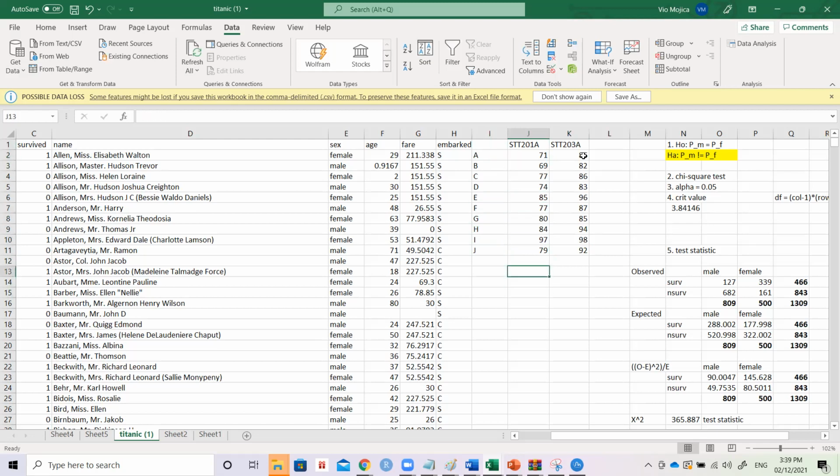So let's repeat everything. CORREL, what's the correlation between Stat 201 grades and Stat 203 grades? So on the spot, we're doing this. And so it's quite high. That's the reason why I did that complicated formula. I want to simulate a data set which has a high correlation. So here, it's going to be 0.879211.